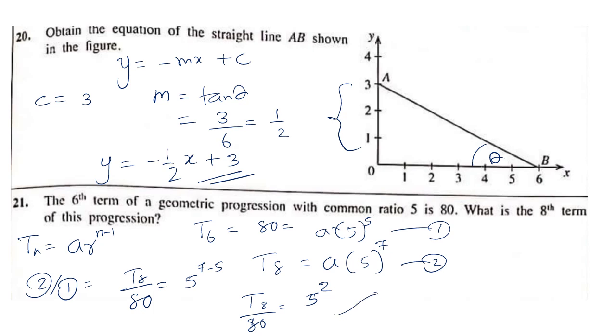Therefore, you get T8 is equal to 25 into 80, that is 2000. 25 into 8 is 200. Then you have to add another 0. This is the answer.